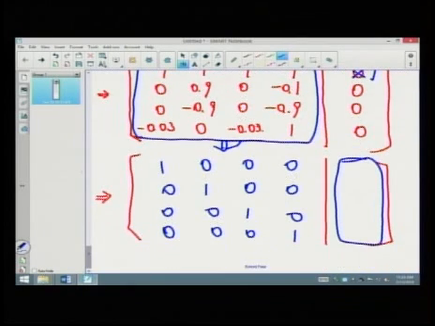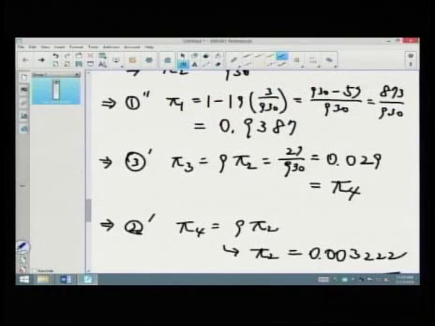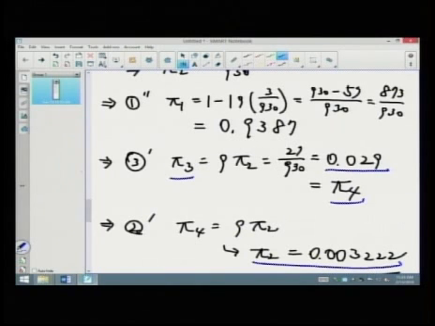Anyway, we need to use all of these values, right? Pi 3, pi 4, pi 2, and here pi 1.